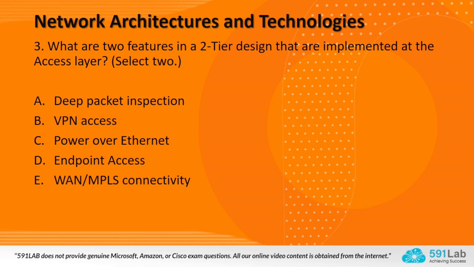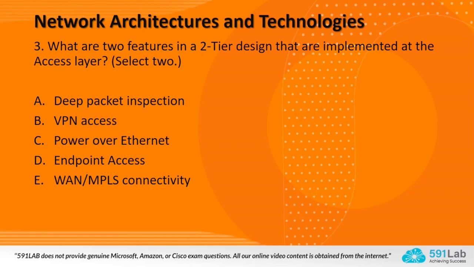Power over Ethernet. Yes, power over Ethernet is required to power up access points, sometimes IP cameras, whatever PoE-required devices. That PoE should be provided by the access switches in the access layer. So option C is correct. Option D, endpoint access. Yes, endpoints are connected to access switches in the access layer.